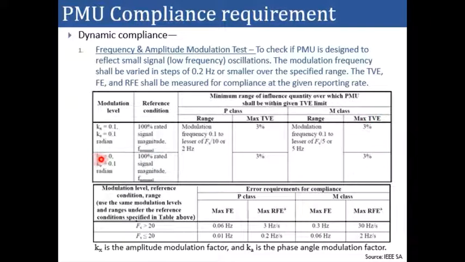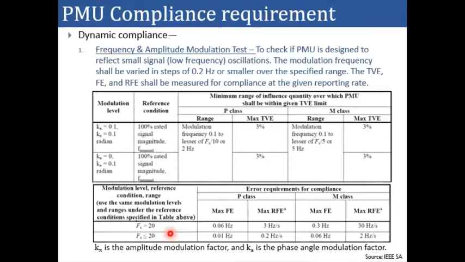Now if we are not doing the amplitude modulation but we are having the angle modulations, in that case also the total vector error should be equal to 3% in both P and M class.